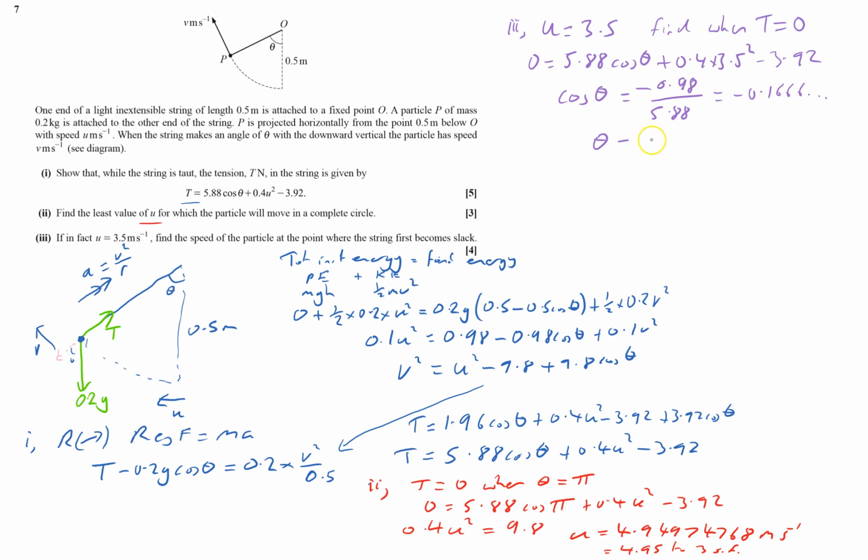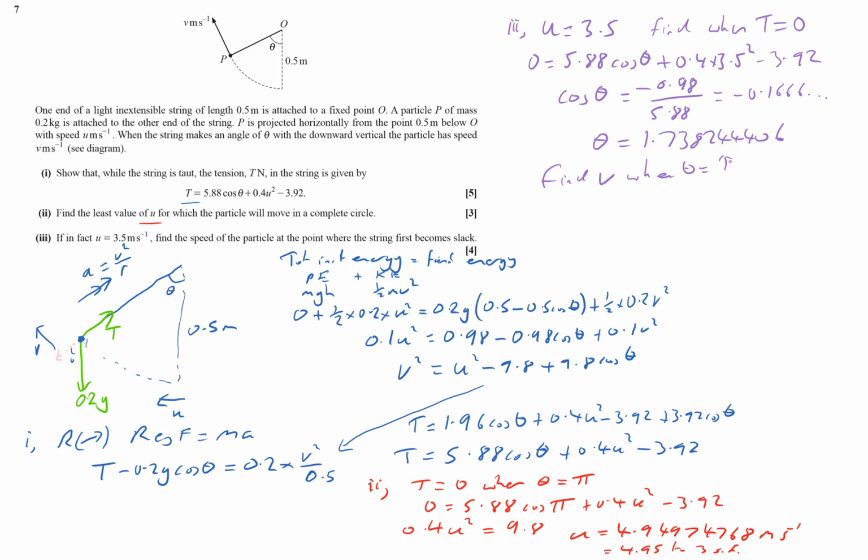And so theta equals 1.73824446. But that's not what we wanted. That's when it happens, when theta is 1.73. But we need to find v. So find v when theta equals that.